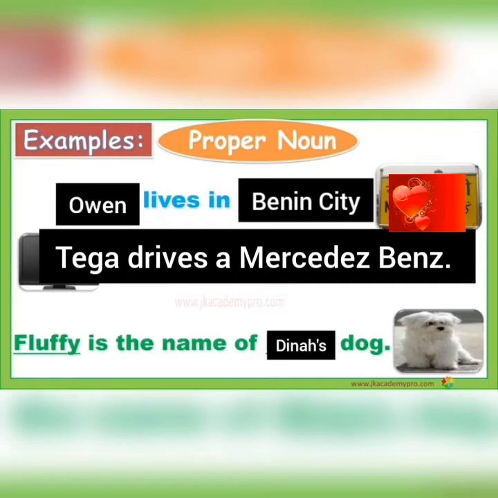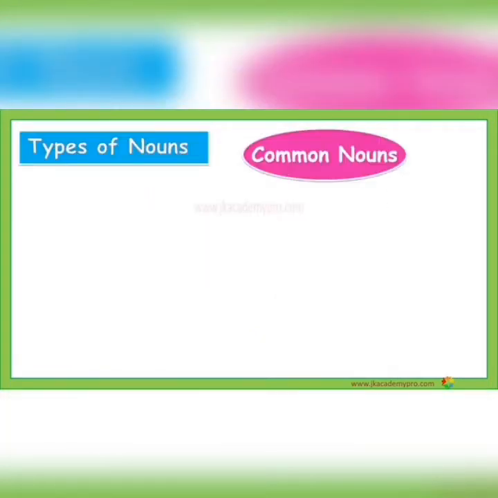Fluffy is the name of Dina's dog. Fluffy is a proper noun. Dina is also a proper noun. Okay? So we begin them with a capital letter, no matter where you find them in sentences.